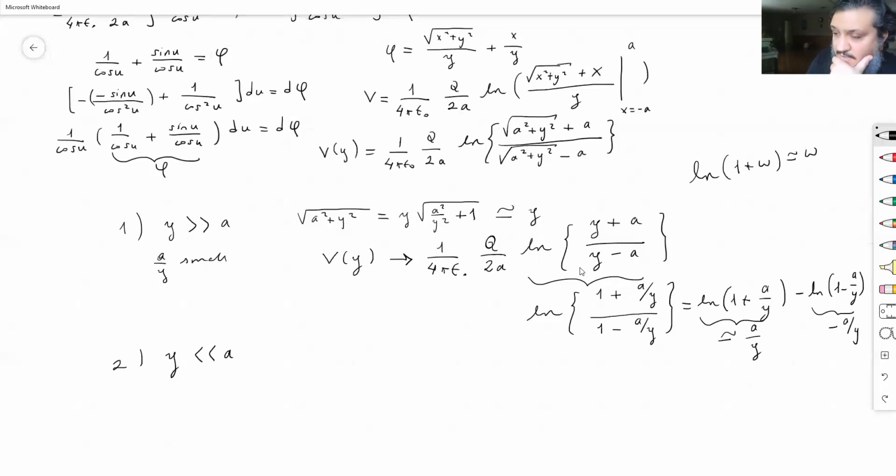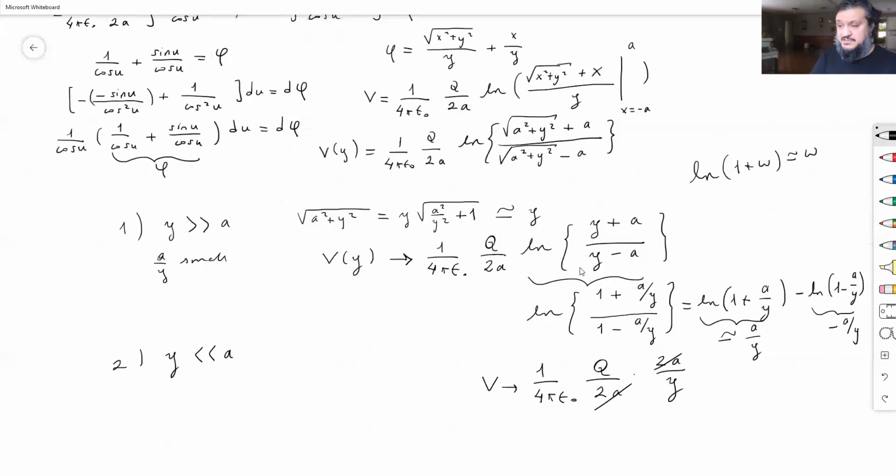So in this limit, the potential becomes 1 over 4 pi epsilon 0 q over 2a times 2a over y. And the 2a's cancel. We get the simple expression which you would find, which is what we started with, right?